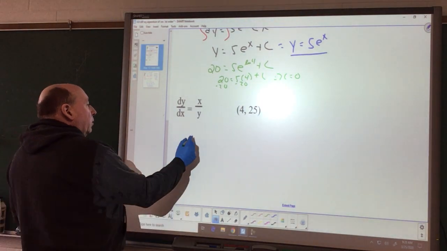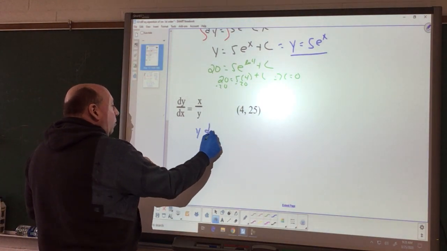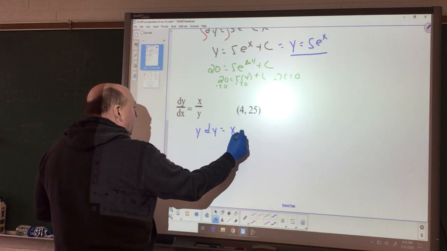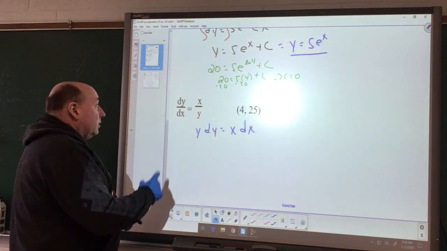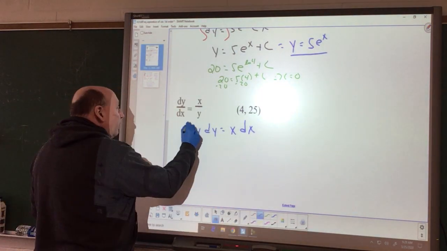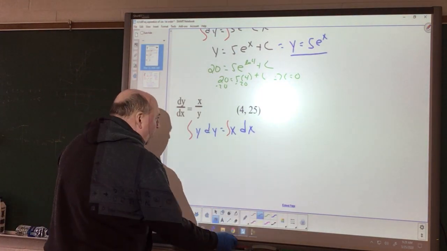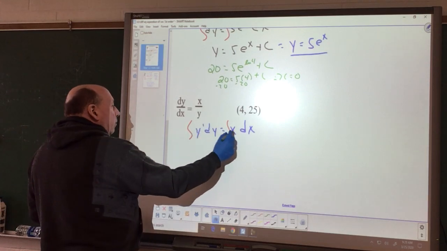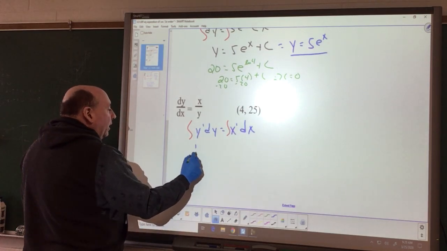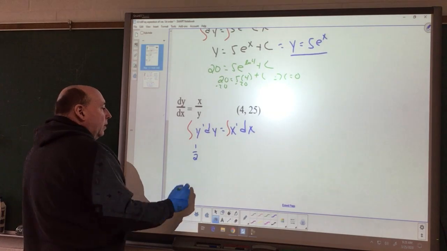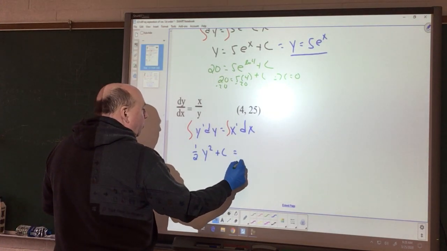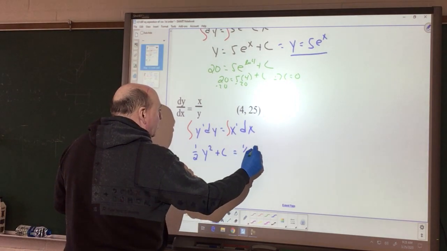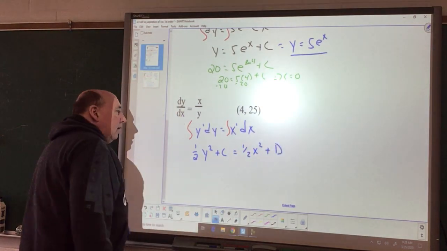Separating our variables, y dy is equal to x dx. Okay, and this looks very similar to what we did up above. Antiderivative, antiderivative. We have 1 and 1, so we have 1/2 y squared plus c is equal to 1/2 x squared plus d.